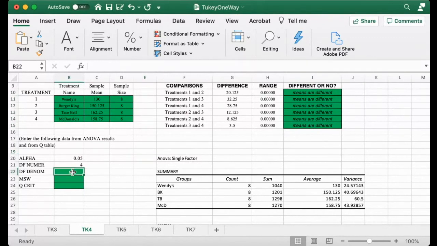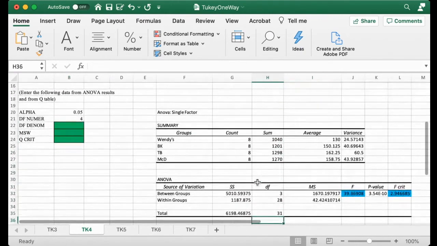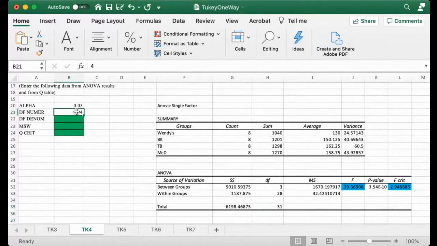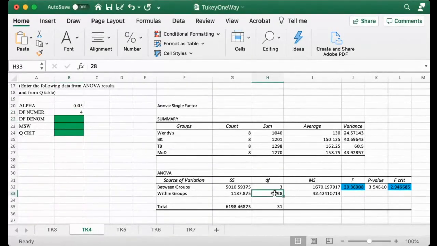Now the degrees of freedom denominator is always going to be, so let's go back to our ANOVA results. Notice this value right here is K. That's always going to be given when you choose the right worksheet. That's already filled in. Degrees of freedom denominator is K times N minus 1, and that should be this number right here, the 28.